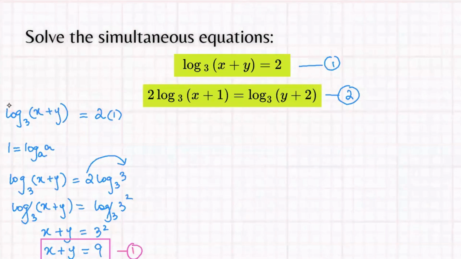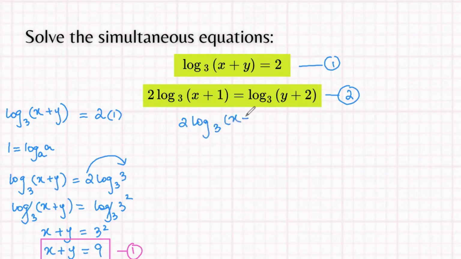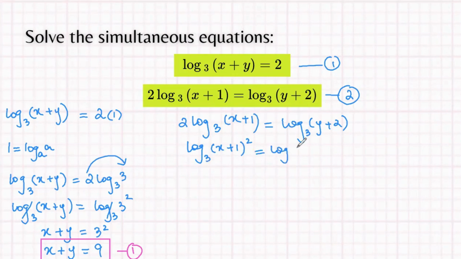Now, if we move on to the next one, we have 2 log x plus 1 to the base of 3 equals log of y plus 2 to the base of 3. We're going to do the same thing. We're going to first move the coefficient and make it the power. So log of x plus 1 squared to the base of 3 equals log of y plus 2 to the base of 3.